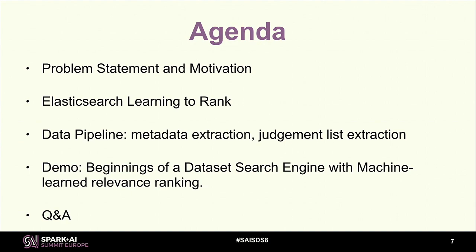I'll discuss a little of the data pipeline that I've been testing this on, which refers specifically to extracting metadata from the data sets that we're indexing, as well as extracting a judgment list that can be used as an initial step towards learning to rank. I'll show a demo, which is very simple at this point. It's really the beginnings of a dataset search engine with machine learned relevance ranking. And if time permits, I'll open up for Q&A.